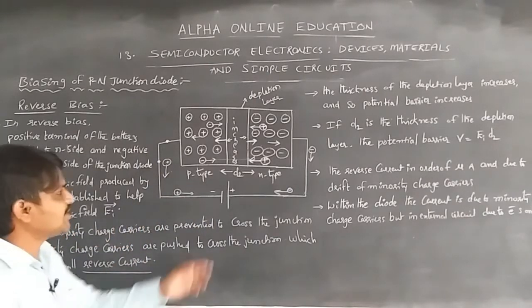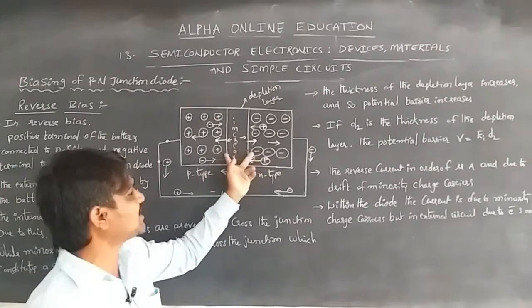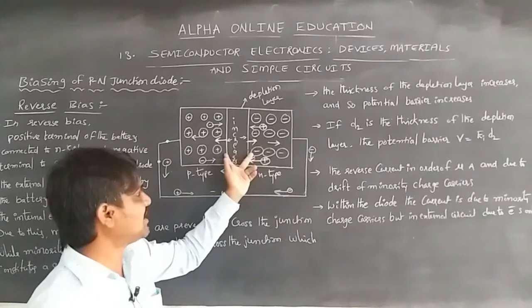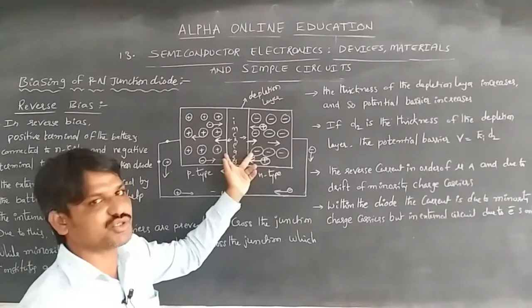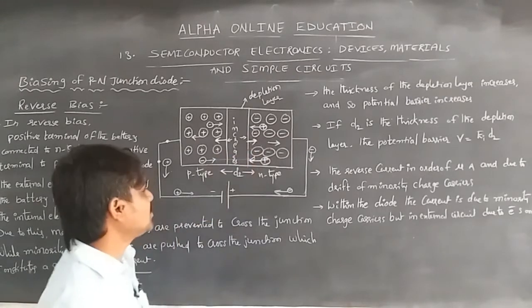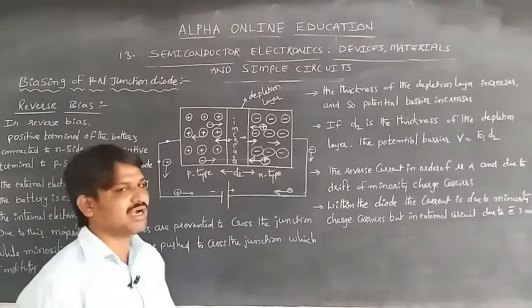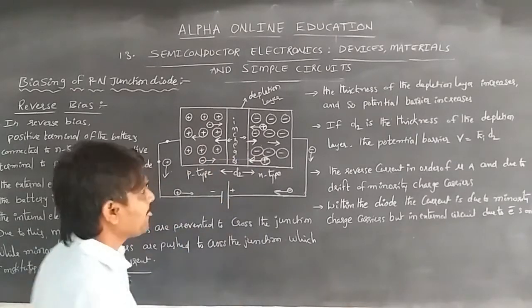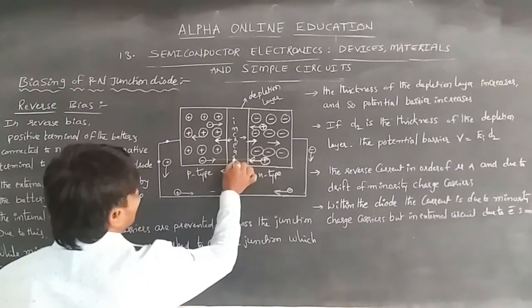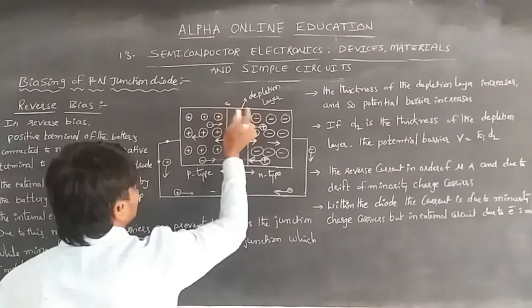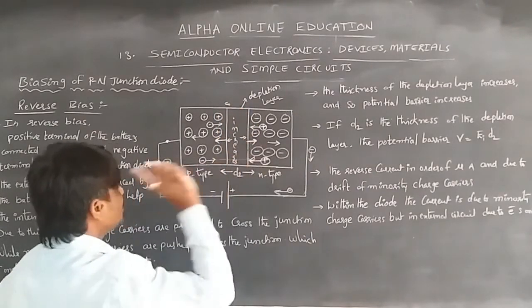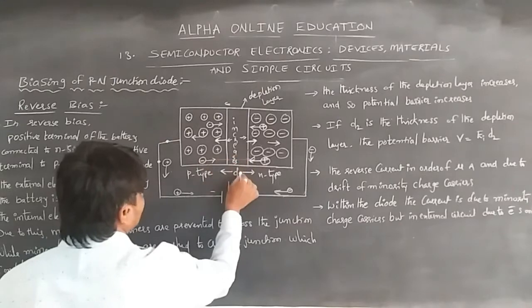The majority charge carriers are prevented from crossing the junction, and the minority charge carriers are pushed across it, so the current that flows is called the reverse current. The thickness of the depletion layer increases, so the potential barrier also increases.